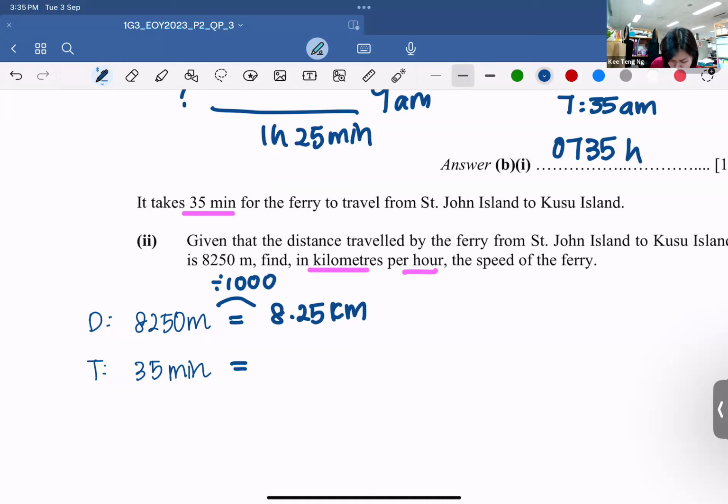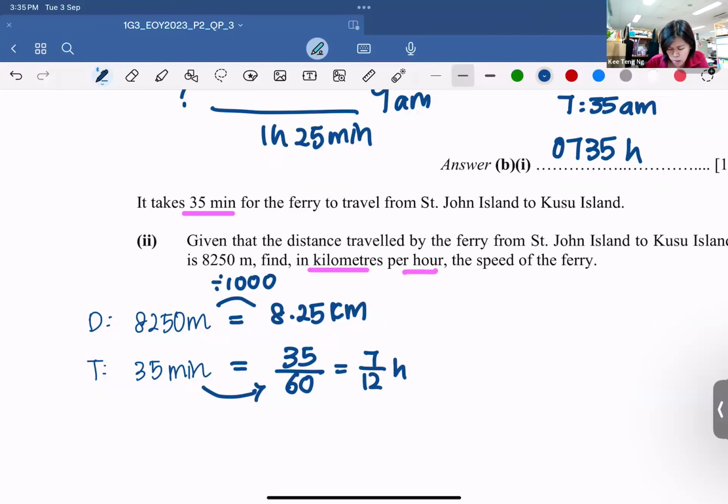Okay? Next one, ask the next person. Haki, can you tell me how to change 35 minutes to hours? 35 over 60 times 1. Thank you very much. 35 over 60 of an hour. I got 7 over 12 hour.